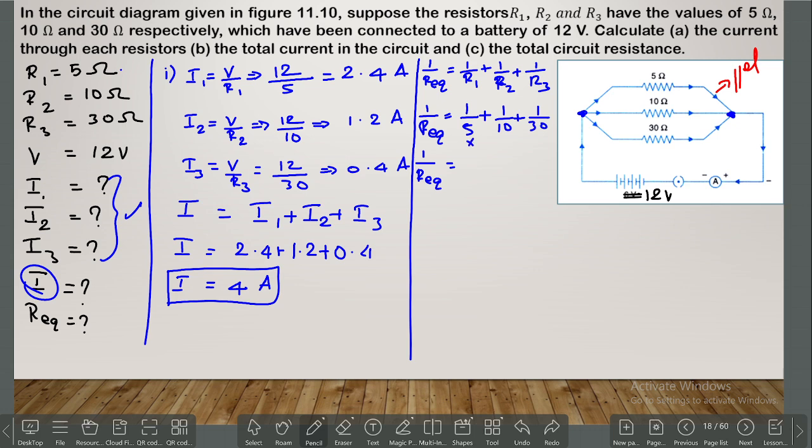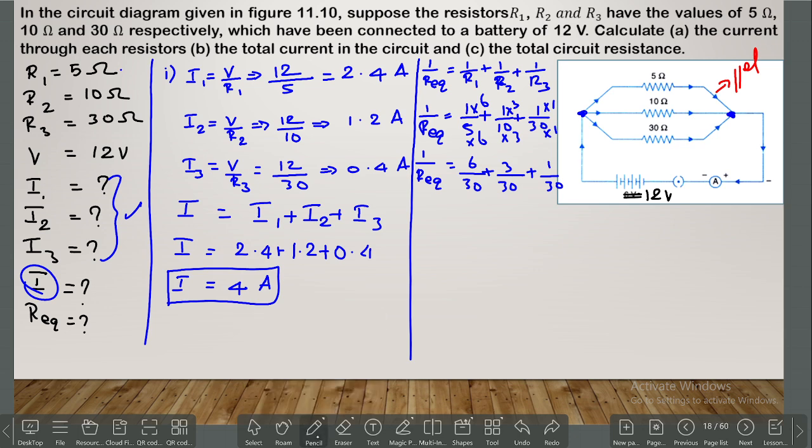Clear? In order to make this 5 into 30, you multiply by 6, the numerator also 6. Over here 3, numerator also 3, and here 1, 1. So 1 into 6 is 6 by 5 into 6 is 30, plus 3 by 30, plus 1 by 30.